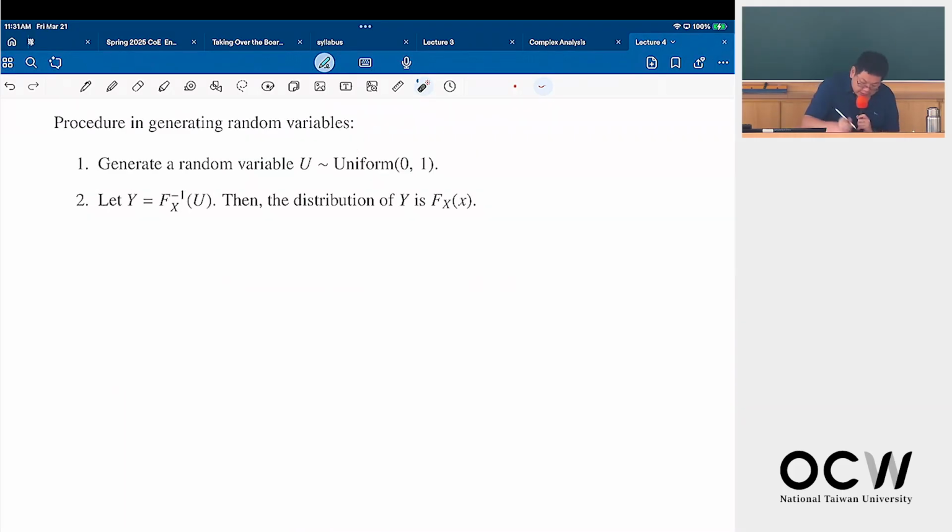Let's see. Why do we need the inverse of the CDF of x? First, what is the CDF of y here?